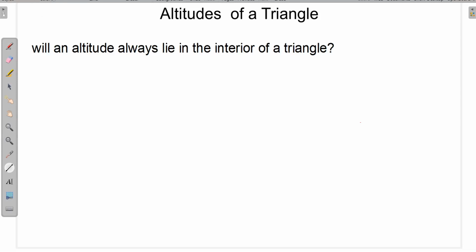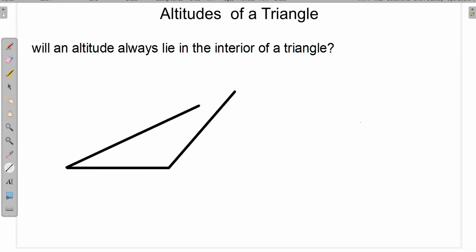So here I am drawing the obtuse angle triangle. What is an obtuse angle triangle?